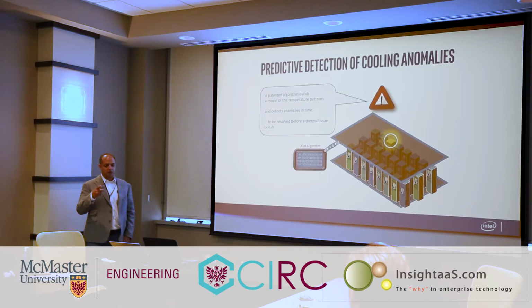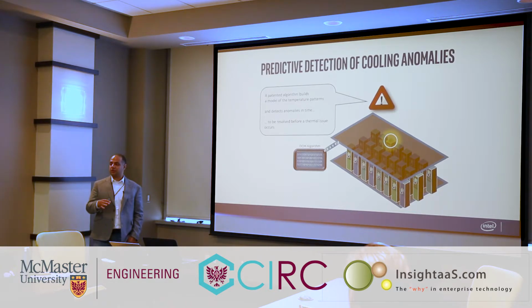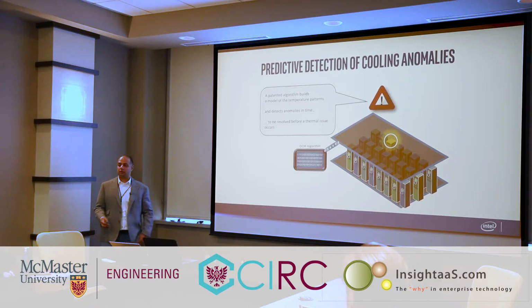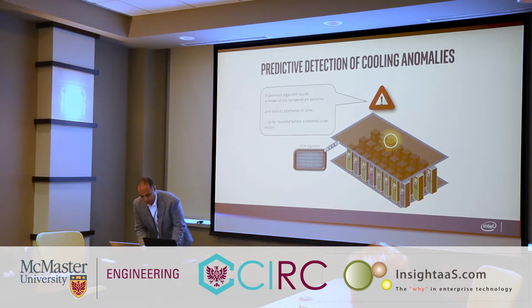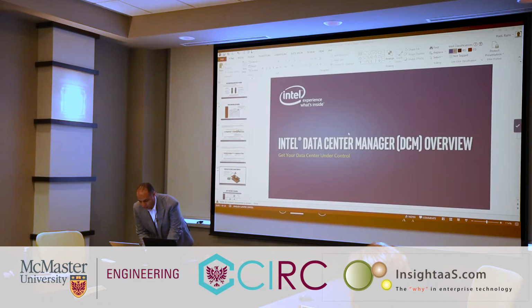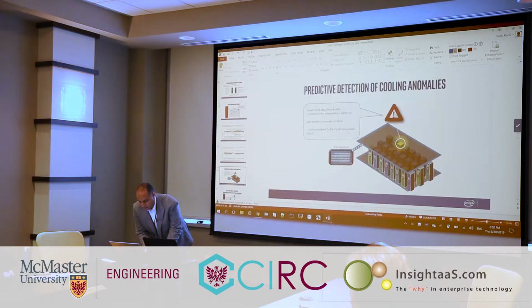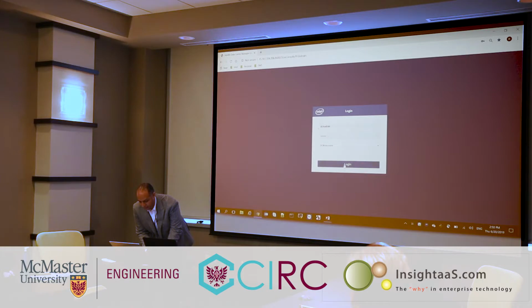And there's a way within DCM to visually illustrate that so that it's easy to detect anomalies. You can also set policies for what action to take when such an anomaly happens. Okay, so let me try to switch here to my browser and see if I can show you some of this stuff live.